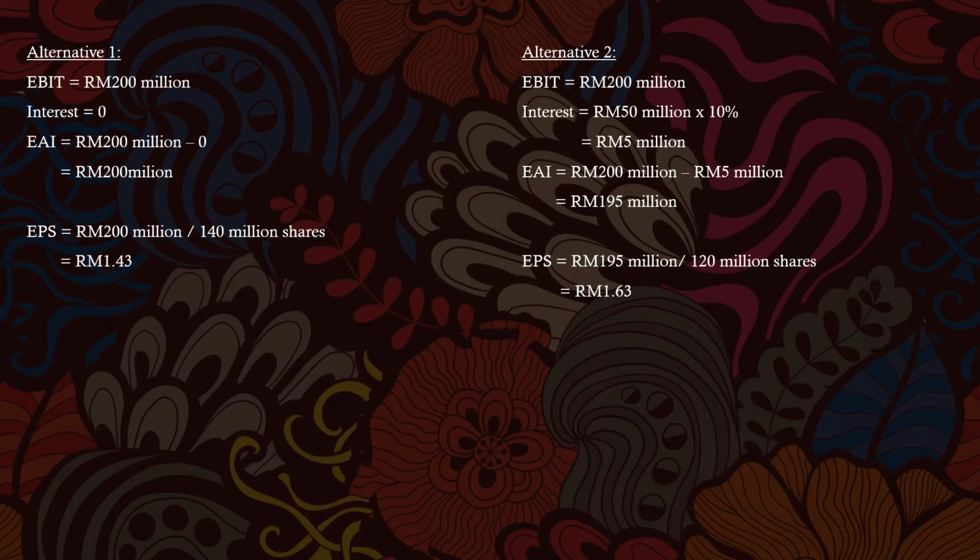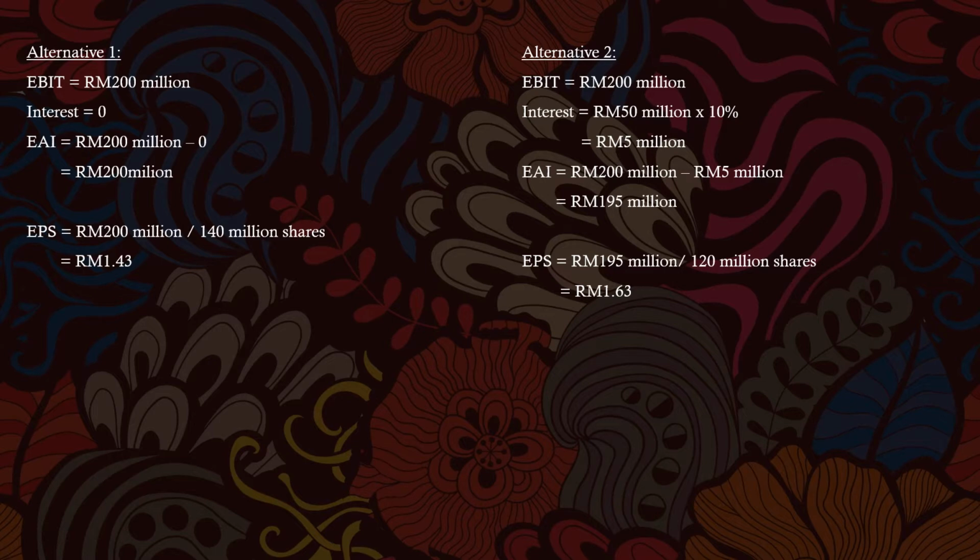Next, to get EPS, total earnings divided by the shares outstanding. For alternative 1, due to no interest, the total earnings is 200 million. So 200 million divided by 140 million shares gives 1 ringgit and 43 cents.